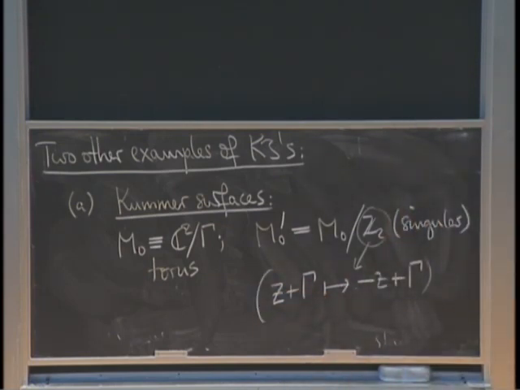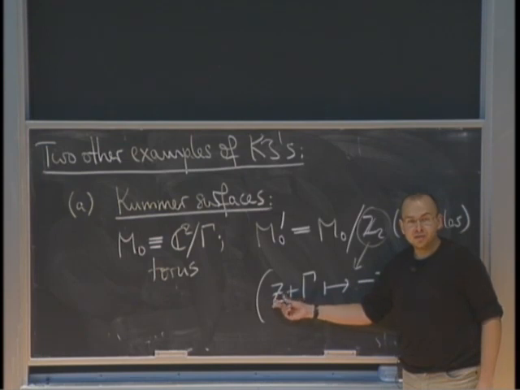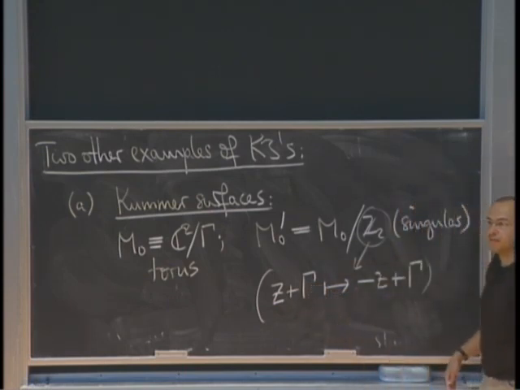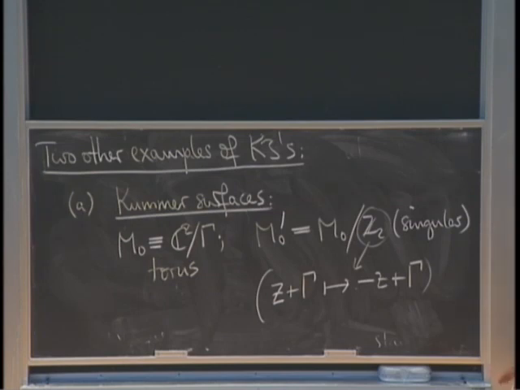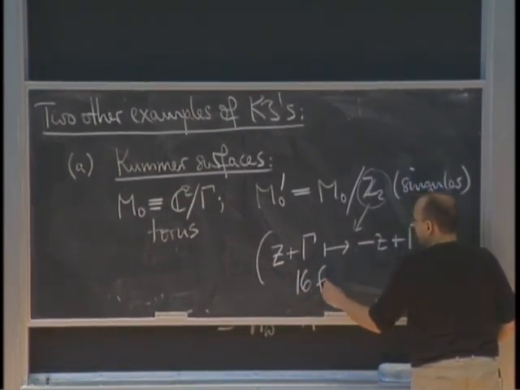That's how Z2 acts. You can see that the fixed points of the Z2 action are precisely those points z on the torus such that 2z lies in the lattice. So it's the 2-division points, or the 2-torsion points on the torus, and there are 16 of them, one in each coordinate direction, so it's 2 to the 4. So this is an action with 16 fixed points.